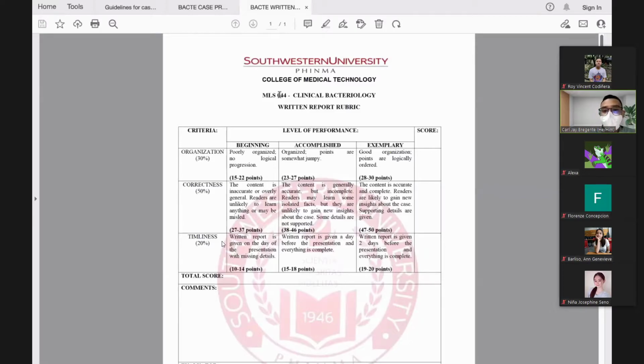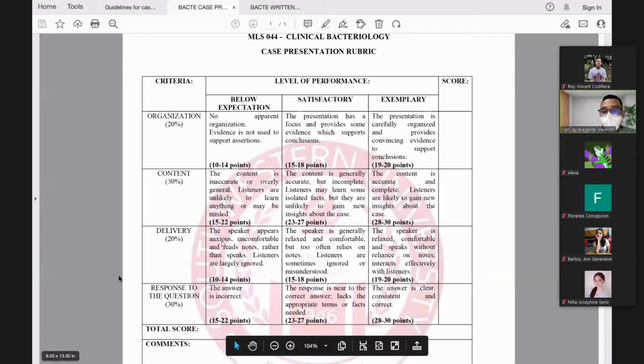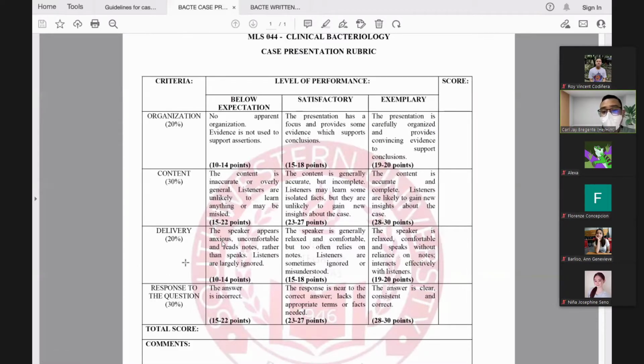For example, if group 1 reports case 1, we will ask at least 3 questions to the group. But we will also ask at least 5 different students, not included in the group, to answer the questions.